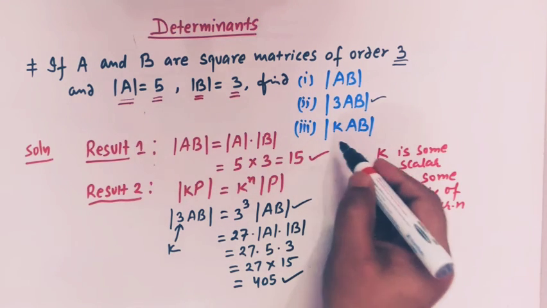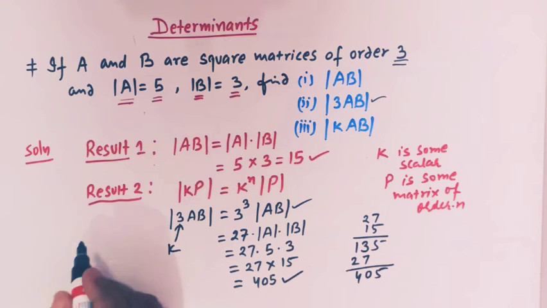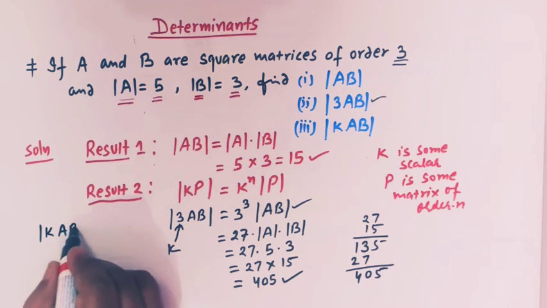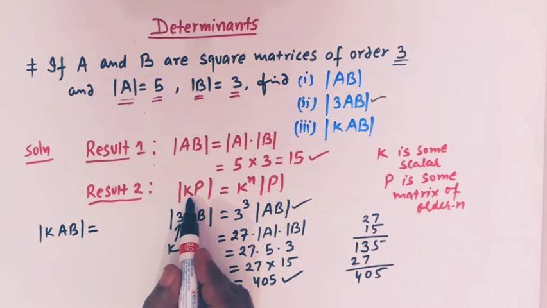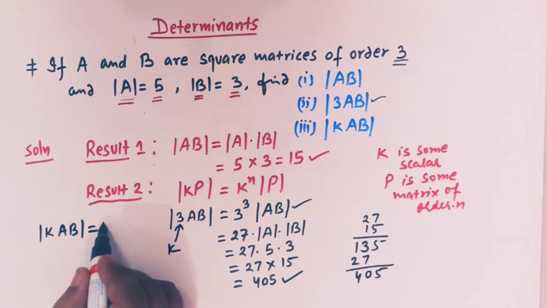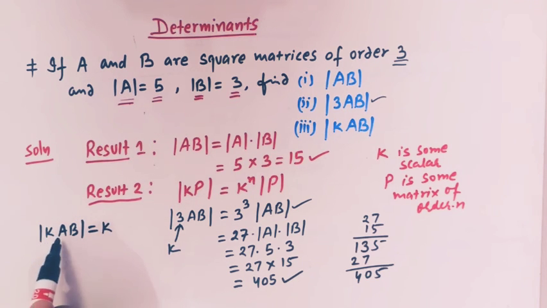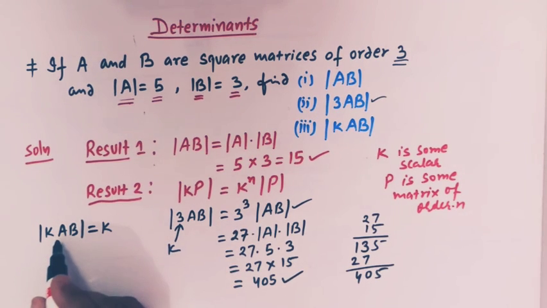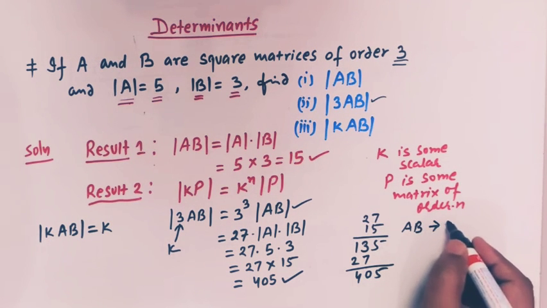Now for the third part we have K times AB, and again we'll make use of this result. The order of matrix A is 3, the order of matrix B is 3, so the order of matrix AB is also 3.